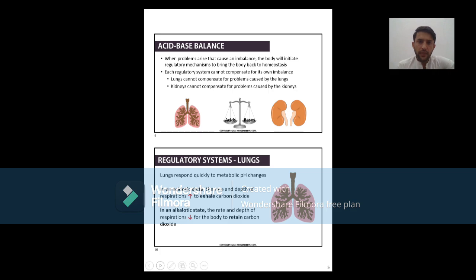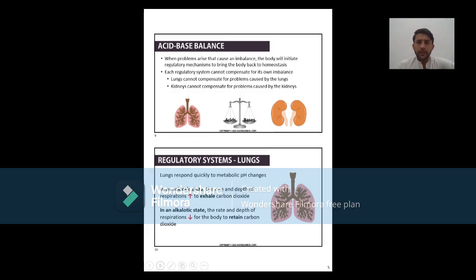Acid-base balance: how it is regulated inside our body. When a problem arises that causes an imbalance, the body will initiate a regulatory mechanism to bring the pH back to homeostasis. Each regulatory system cannot compensate for its own imbalance because it has some defect or problem.